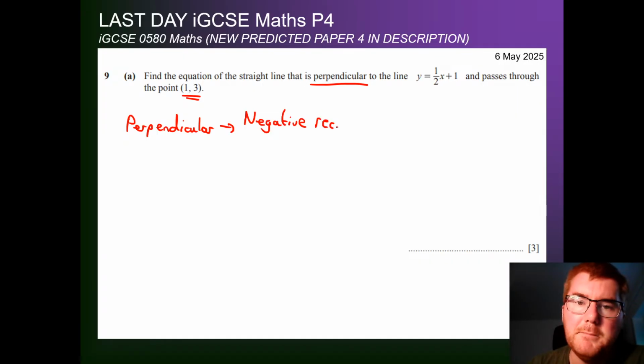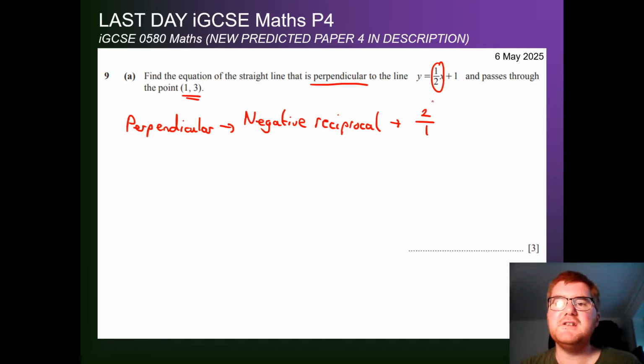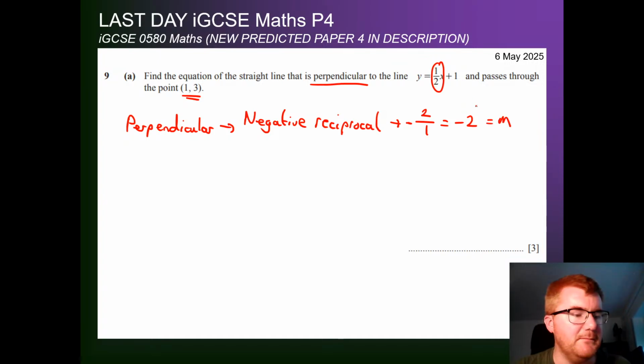That's a very complicated word, so I'm looking at the gradient of the straight line I have. I flip the fraction, so 2 over 1, and then change the sign. So I've got a positive here, so I'm going to have a negative. So the gradient of the perpendicular, the m, is going to be equal to minus 2.